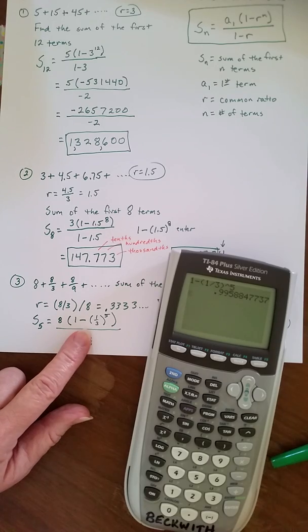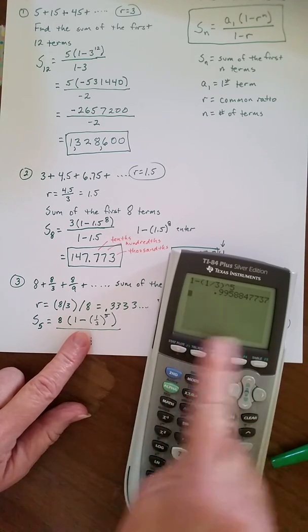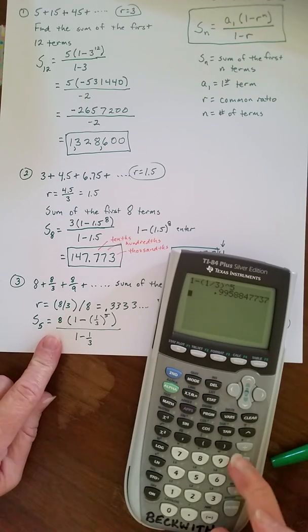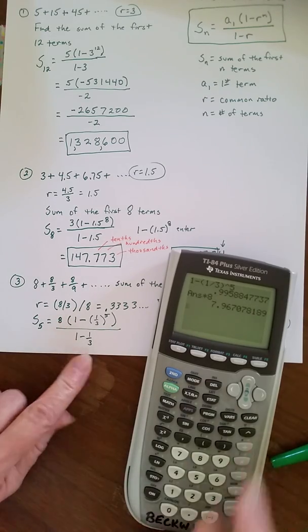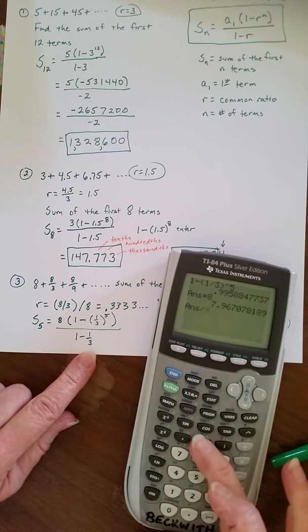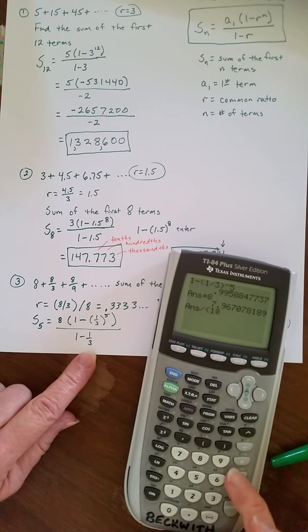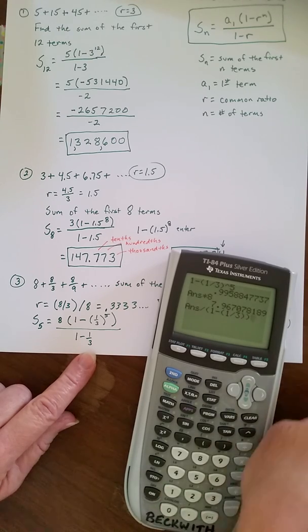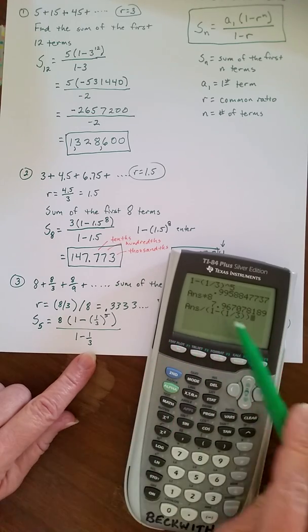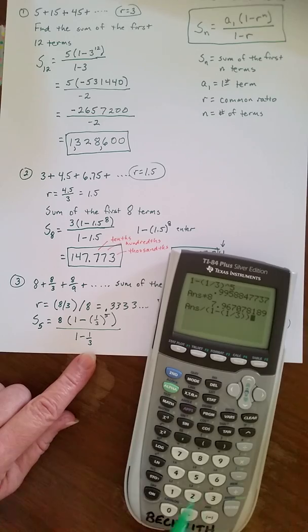Okay, I get that. Now I'm going to keep all that in there, and I'm going to times it by 8. And I get that. I'm going to keep all that in there. Then I'm going to divide by parentheses 1 minus parentheses 1 divided by 3, close parentheses. So I've got my entire numerator divided by my denominator. And be sure and use parentheses or it will do it wrong.